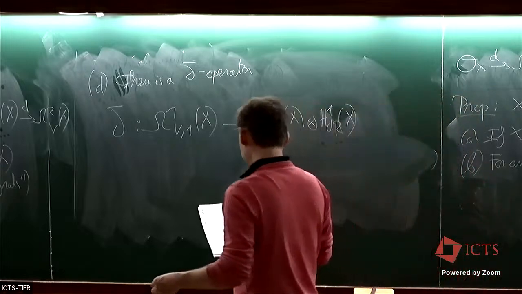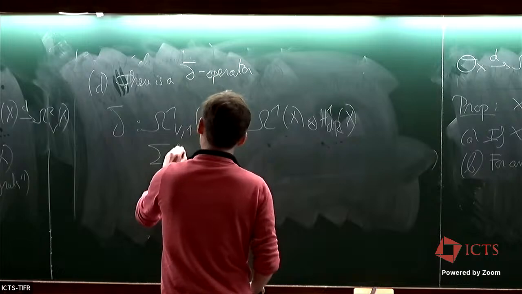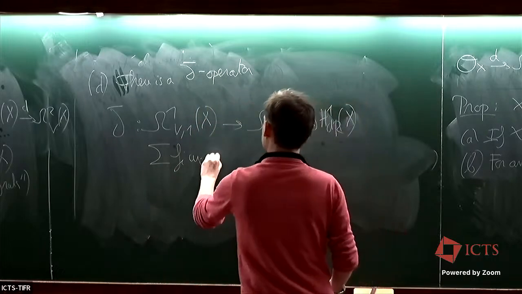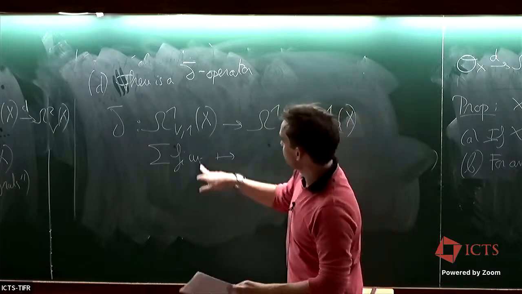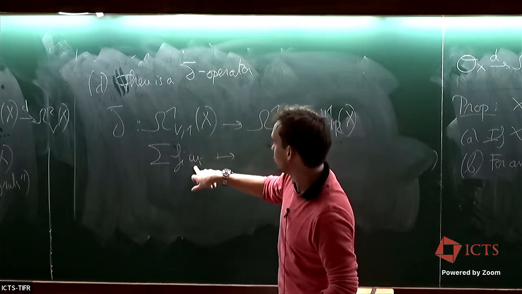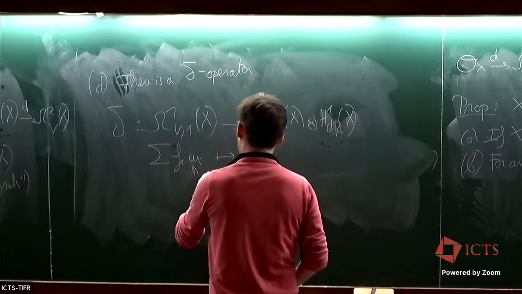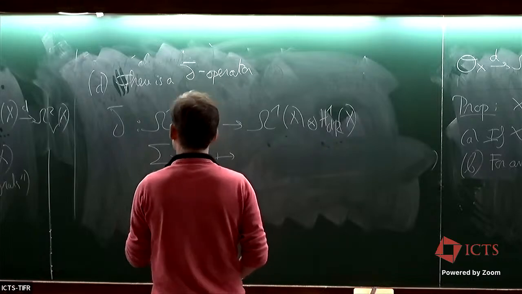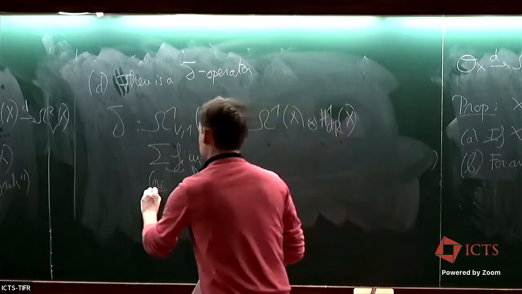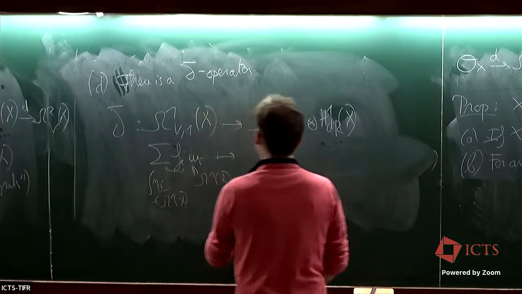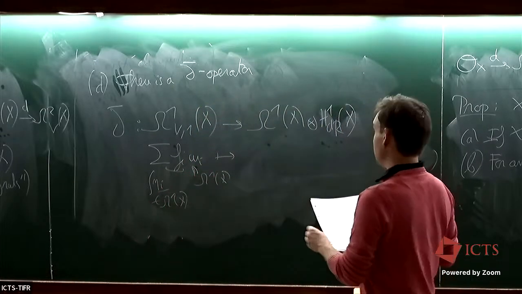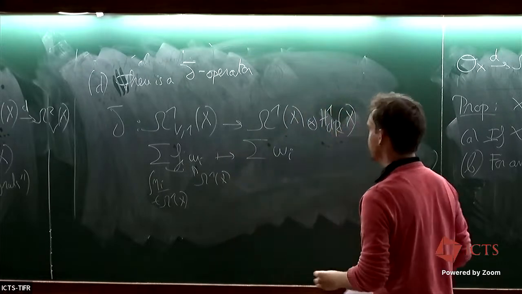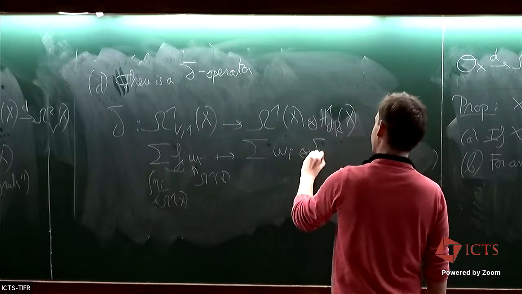It's not much better, but at least I can say that here it's defined this way. So this should be what? This should be the really old one forms. So omega 1x. This should be primitives of one forms here, of one forms here, and x. And it's defined in this way. It's that you get the sum of omega i here, and you go the class of the fi.